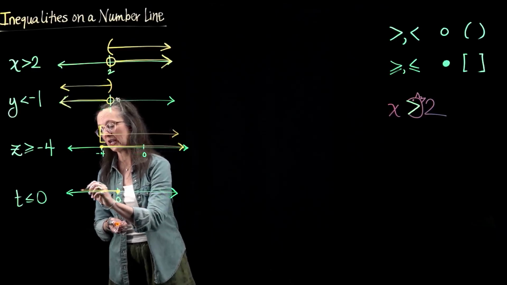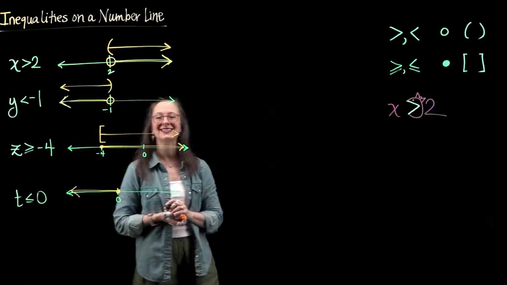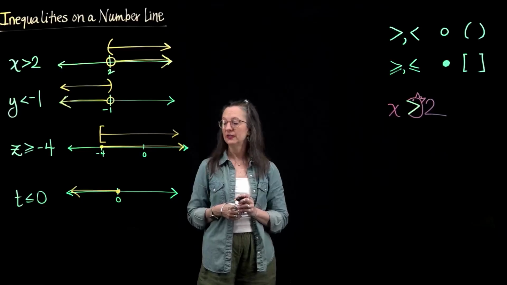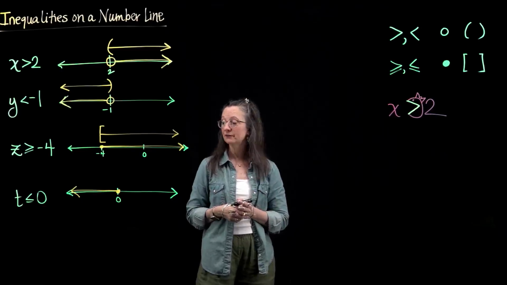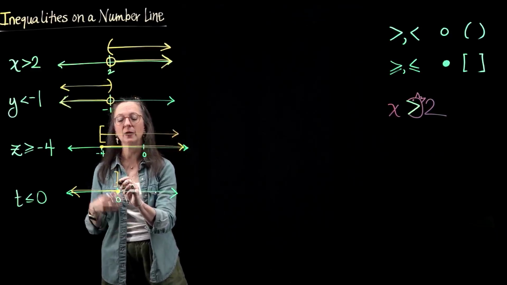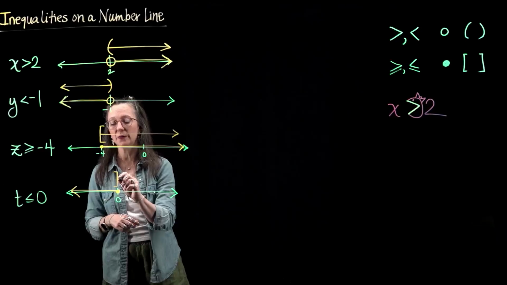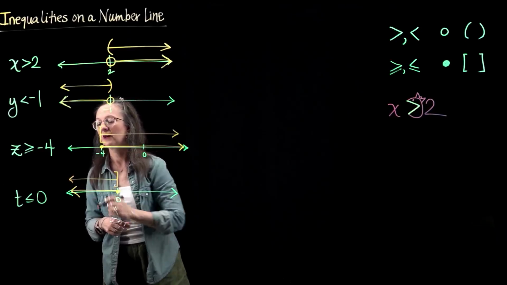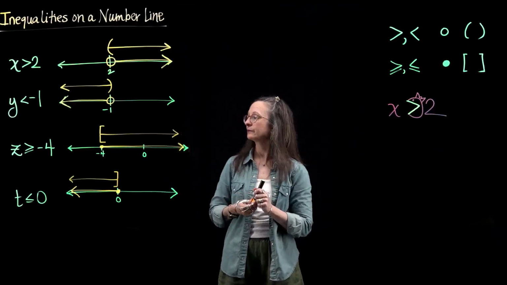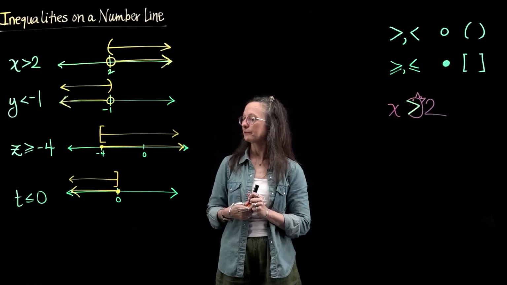And I'm going to shade to the less than side to the left and include that arrow, indicating it goes on forever. If I were to use square brackets, I would have a square bracket because it's less than or equal to, opening to the left, horizontal line drawn to the left, and an arrow. Okay?